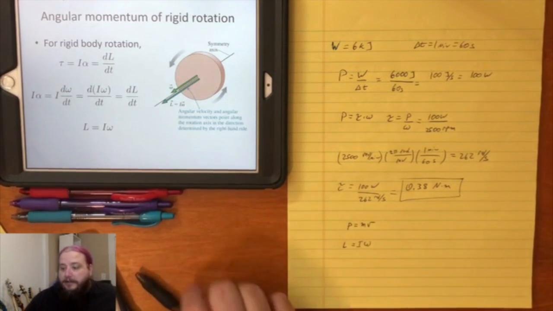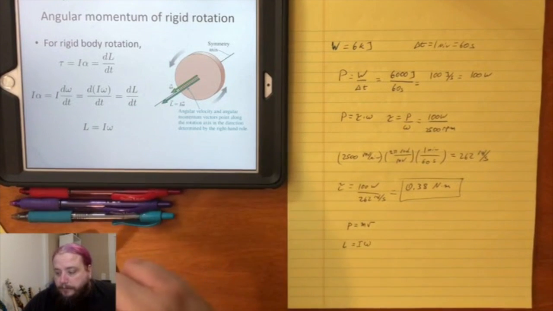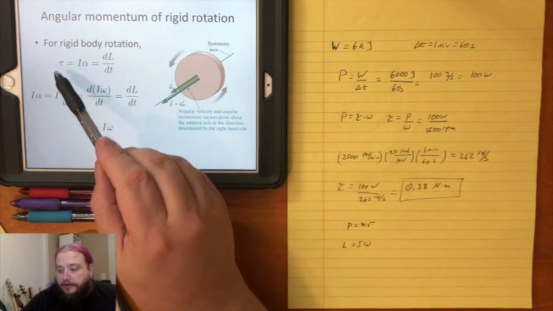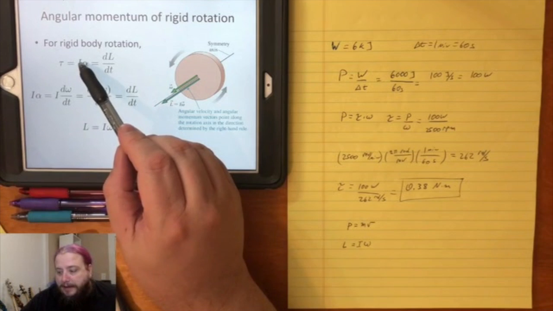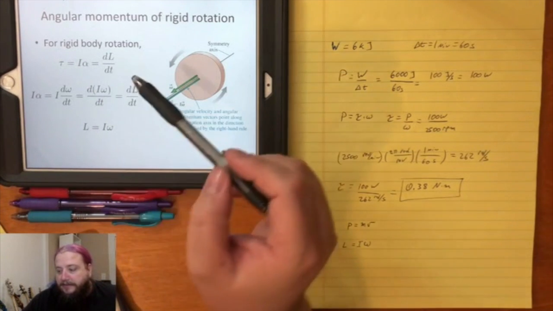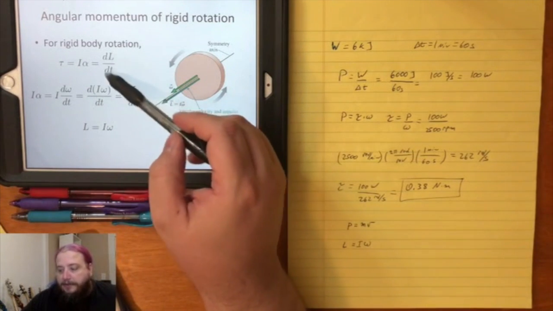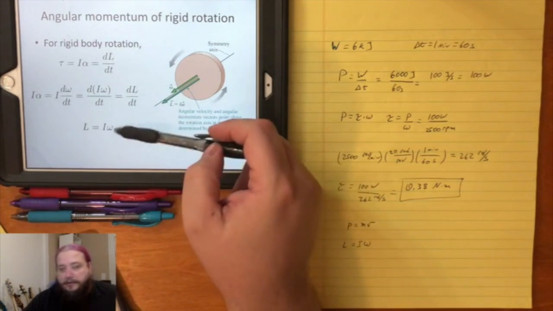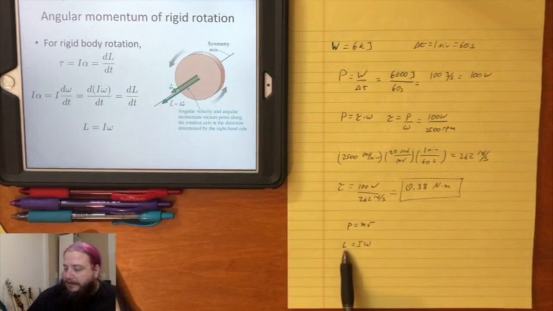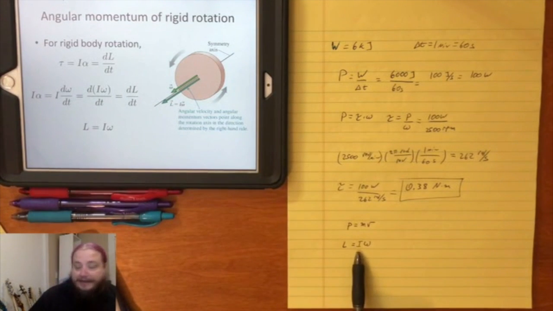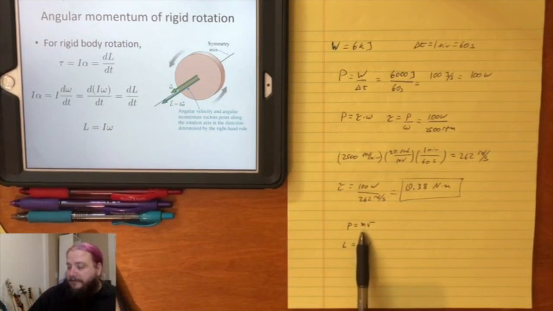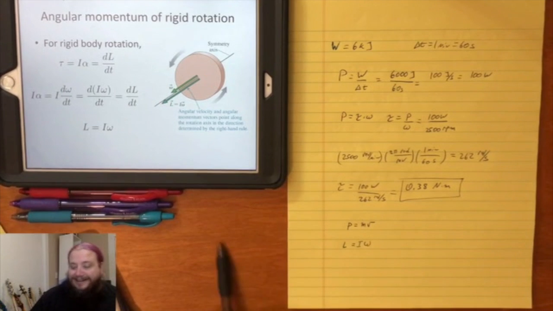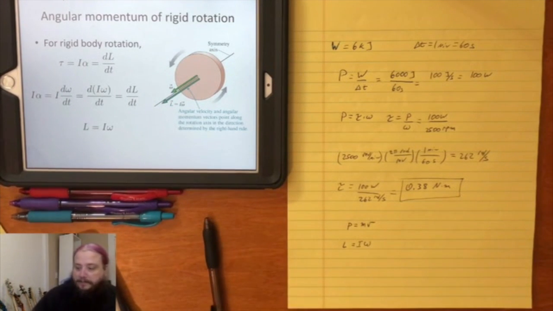And indeed, from the definition of torque as I times angular acceleration, and also as dL/dt, you can work through the algebra, and indeed angular momentum is angular inertia times angular velocity, works just like linear momentum is linear inertia times linear velocity.